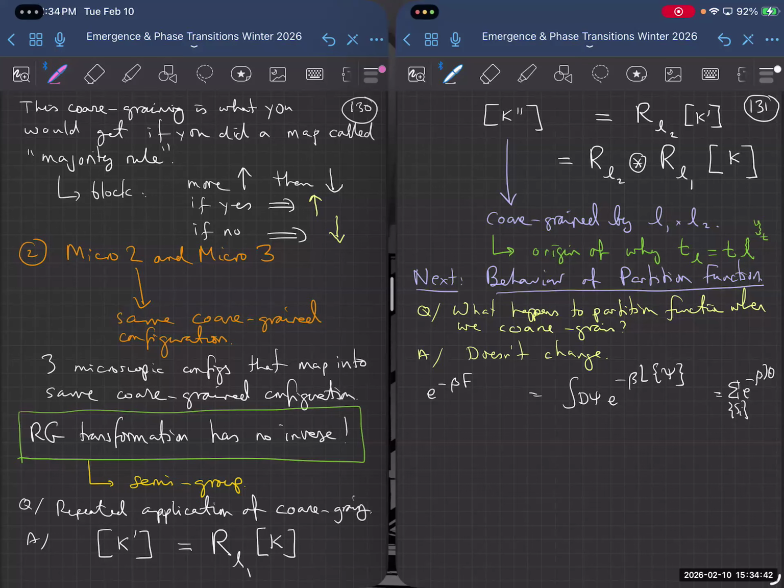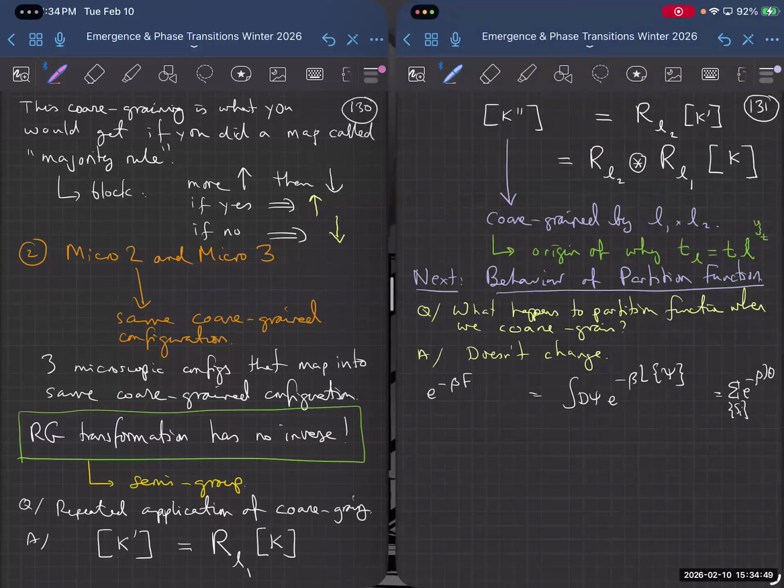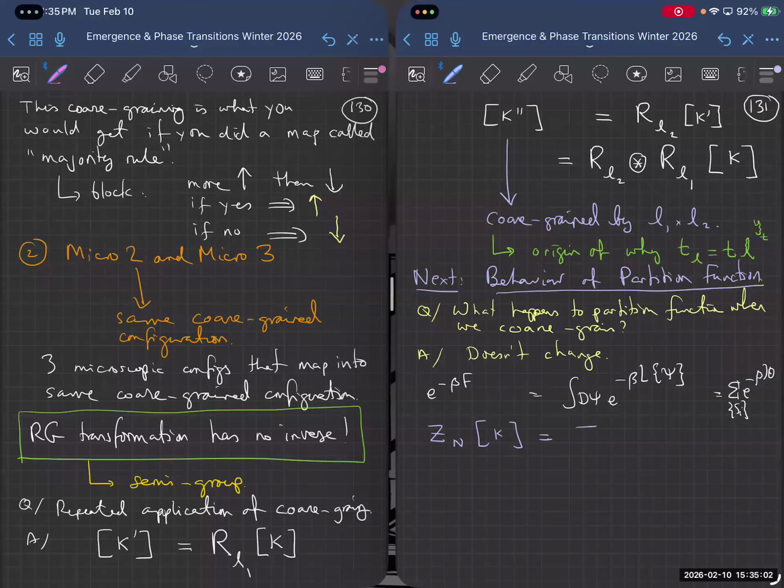Okay, so let's go through this just a little bit more carefully. So here we go. We're going to define the partition function of N spins as a function of the set of coupling constants K. And I'm going to write this, if I don't do this, I'm going to get the wrong answer because I'll get minus signs messing everything up.